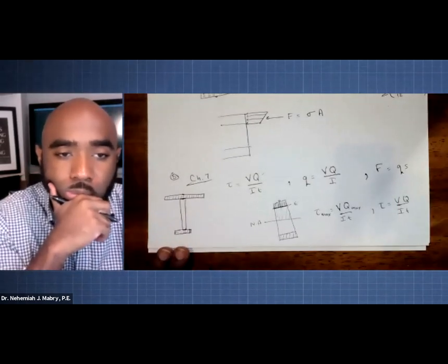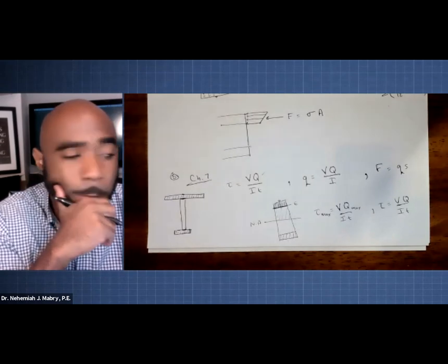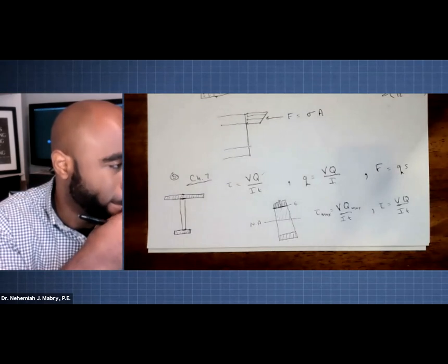Yeah. I guess it would be easy to just practice with it, but for this one, because the Y bar is going to be closer to the top, would the higher shear be on the top or the bottom?